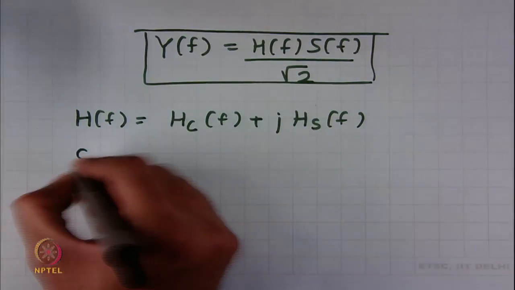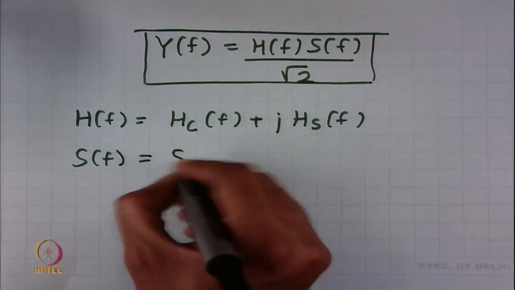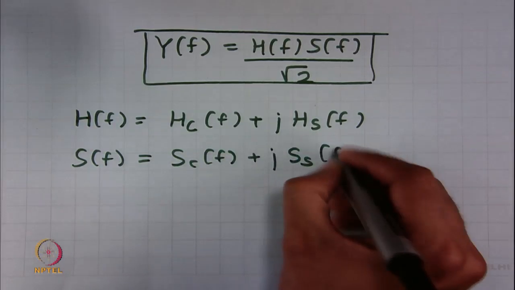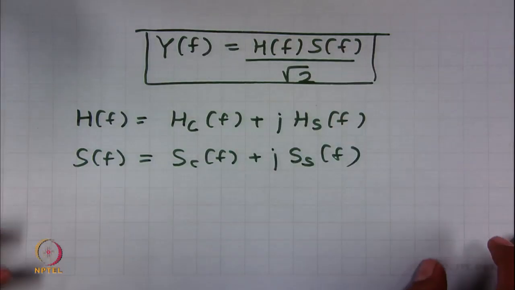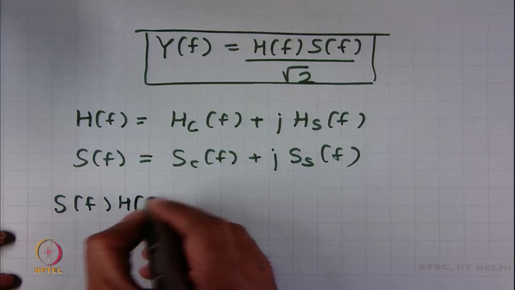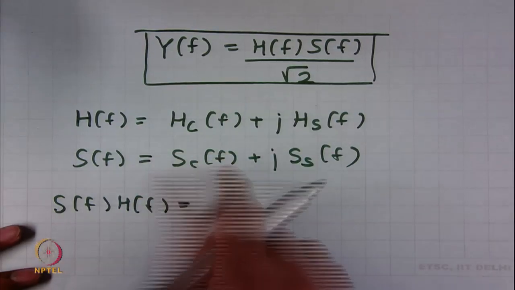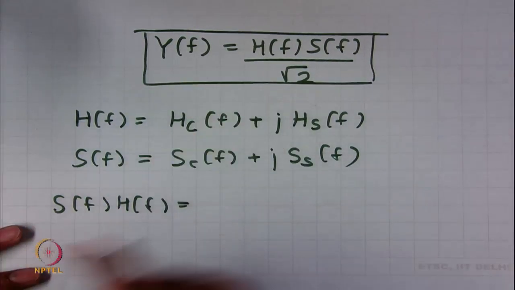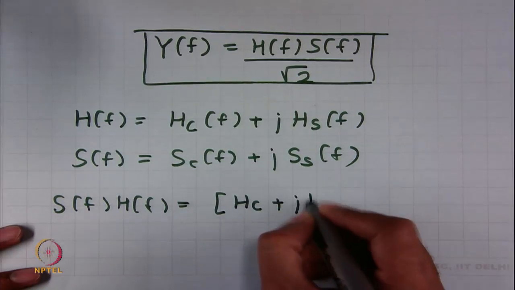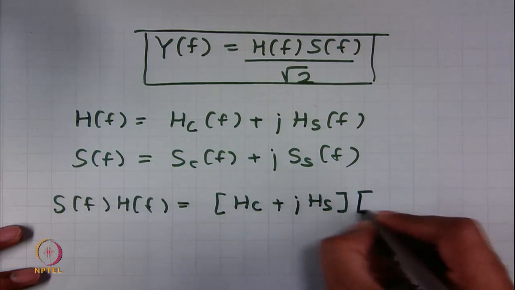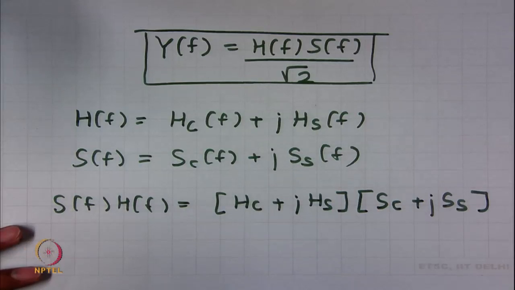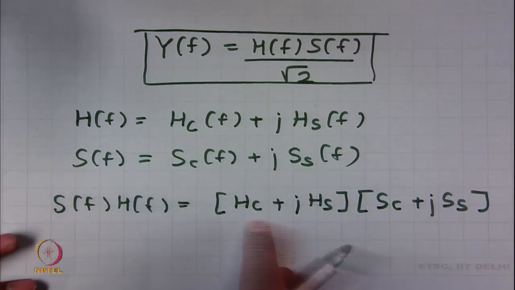Similarly, S(f) I can write as S_c(f) plus j times S_s(f). If I want to multiply these two things, for simplicity I ignore this f, what I would have is (H_c + jH_s) multiplied by (S_c + jS_s). I have omitted the f part and then I multiply.